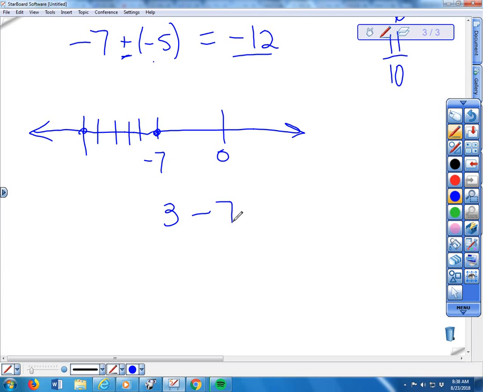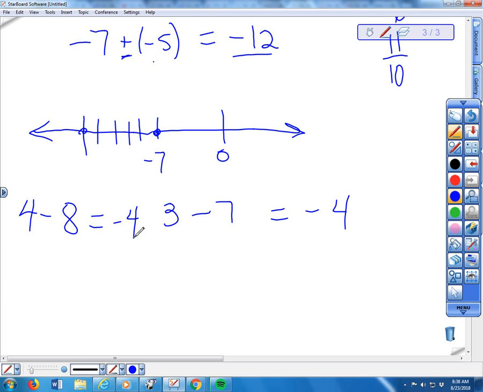Which one's bigger, positive or negative? Negative, so my answer is negative 4. Okay, so you can just forget about the signs once you've identified it's a subtraction problem. Forget about the signs, subtract, and then assign the sign based on the larger number. Okay, 4 minus 8. Well, it's 8 minus 4, but 8's bigger, negative 4.